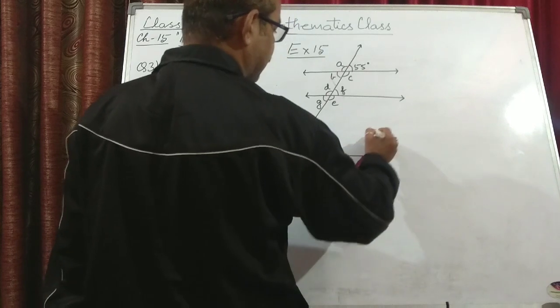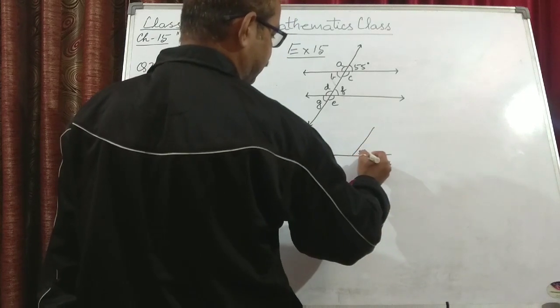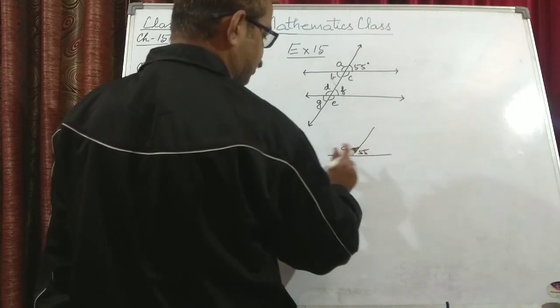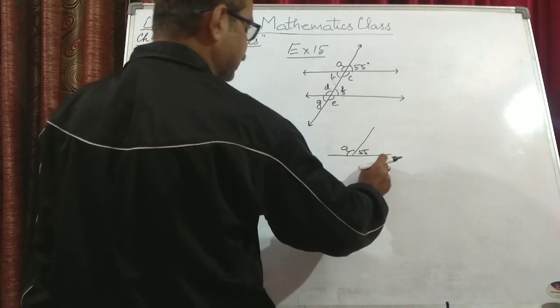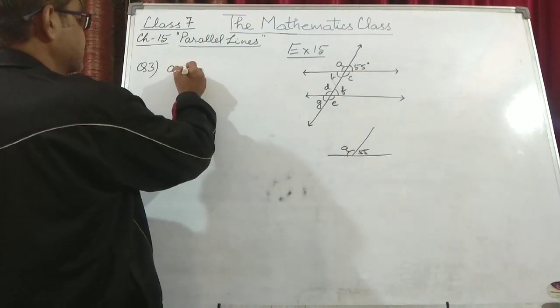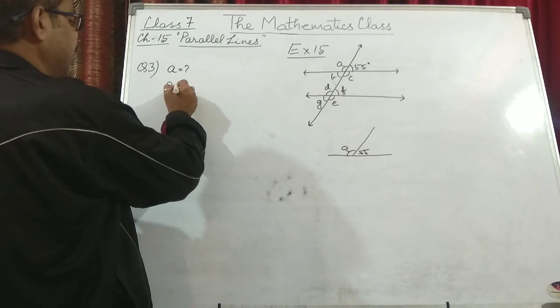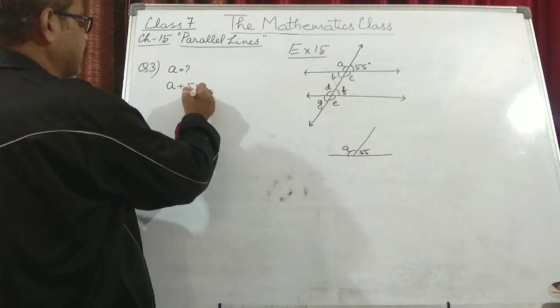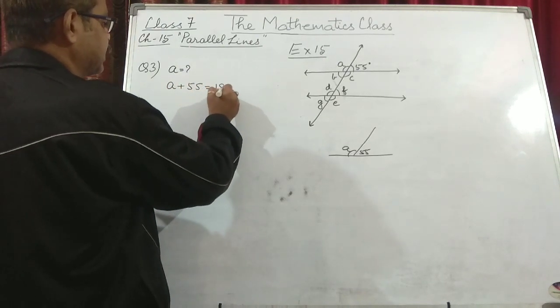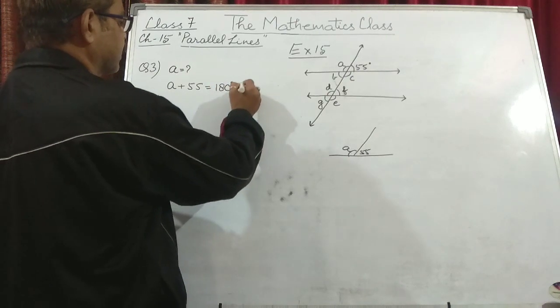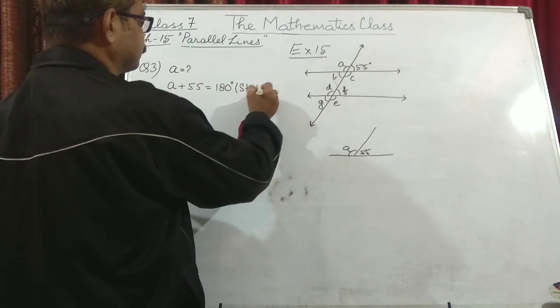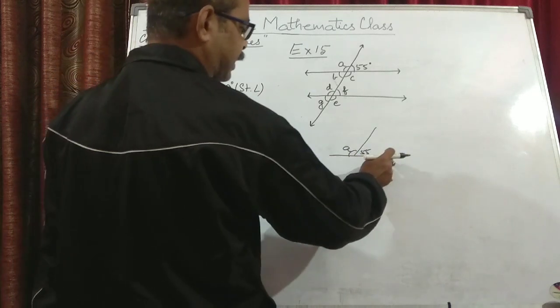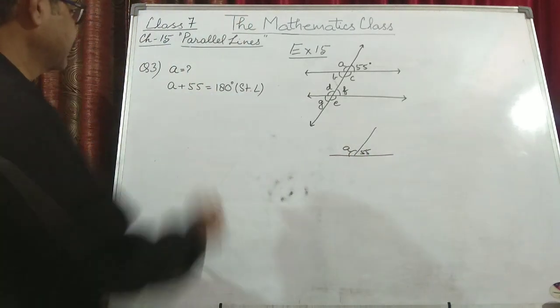Suppose this is a line, this angle is 55 and this is angle A. So angle A plus 55 is equal to 180 degrees because it is a straight angle and the measurement of a straight angle is 180 degrees.